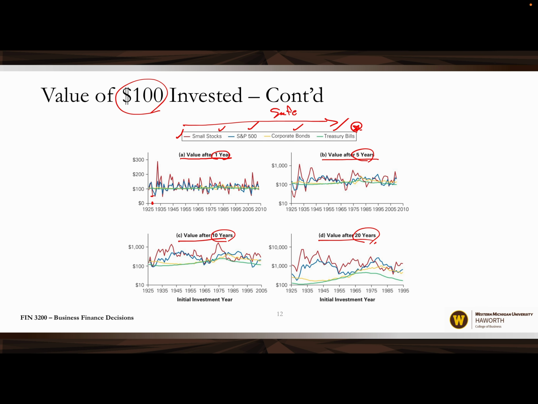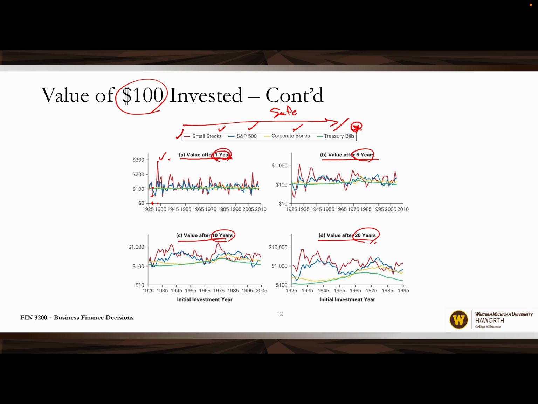Okay? But if you invested in corporate bonds, I don't know if anyone's colorblind here, the yellow line doesn't fluctuate as much. Okay. If you invested in the small stock portfolio in maybe 1932, then you would have almost tripled your money after 1 year. Okay.